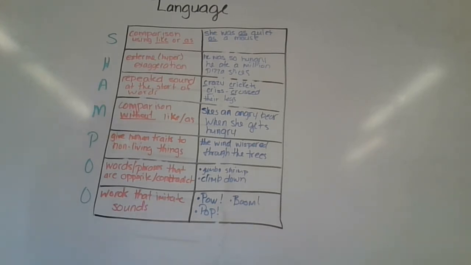Then the next step of your assignment, I want you to take or find 7 pictures. If you want to take your own pictures, that's fine. Or if you want to find them on the internet, you can do that too. And I want you to put those 7 pictures in a PowerPoint and describe each picture using each of the 7 types of figurative language that we have discussed today.